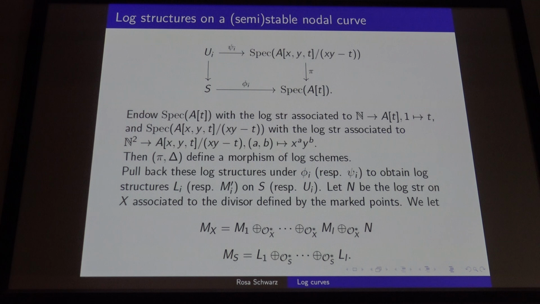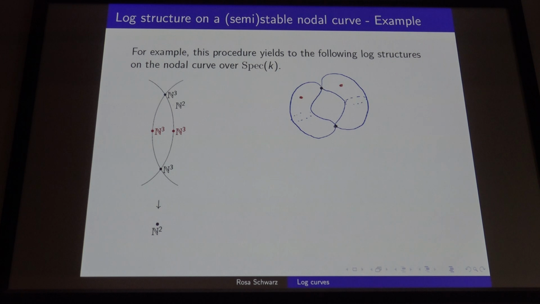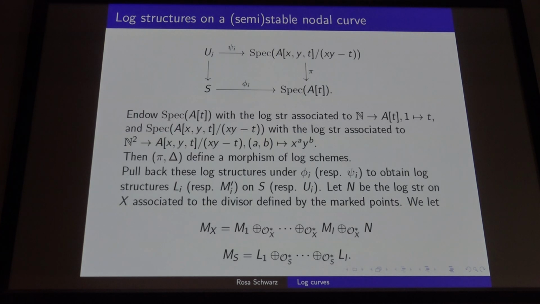So X over S will be a log curve if you do this. What I mean is the log structure that you get on S, here you don't have a choice, right? You get it by looking at the nodal structure. Yes. And there's two nodes, so you basically have no choice in what happens. This is a procedure and there's one outcome, yeah, but in general log structures are not unique or something.